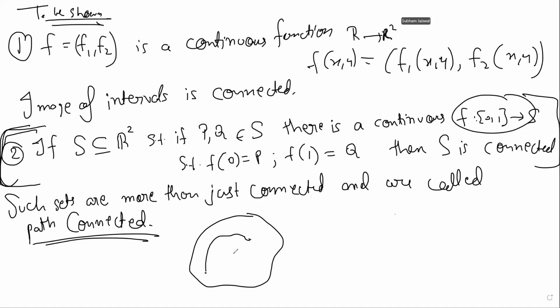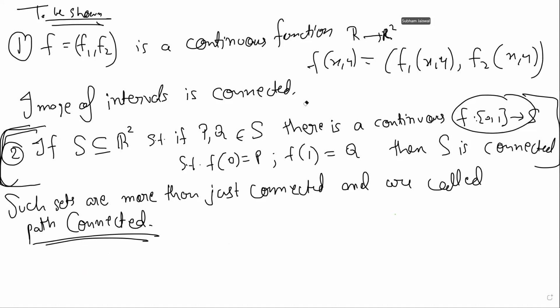Obviously, you will know it by seeing, but to prove it, you have to actually show it by a function, that there is a function that takes this to this in a continuous way, in a nice way. These sets are called path connected.